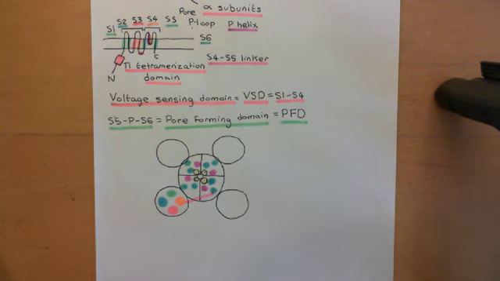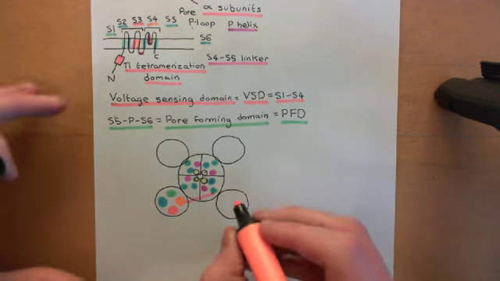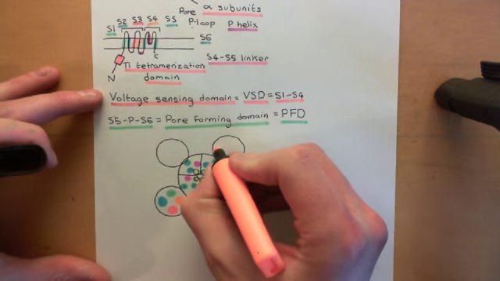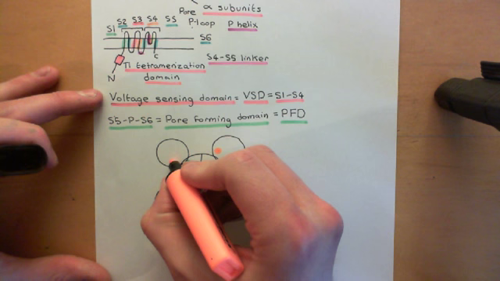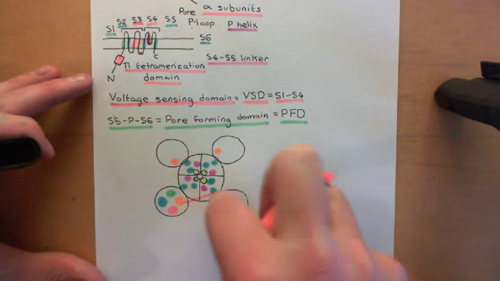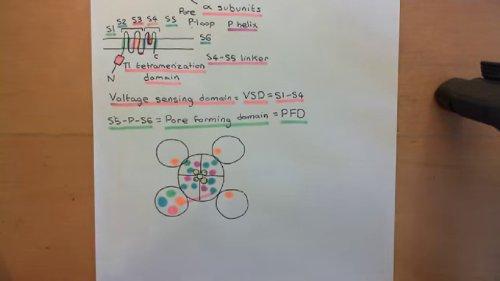Okay, so now let's complete the picture and add these voltage sensing domains on for these three portions here. This voltage sensing domain here, this one here, and this one here, and all we have to do is rotate this round by 90 degrees each time. So there are the S4 alpha helices put on.